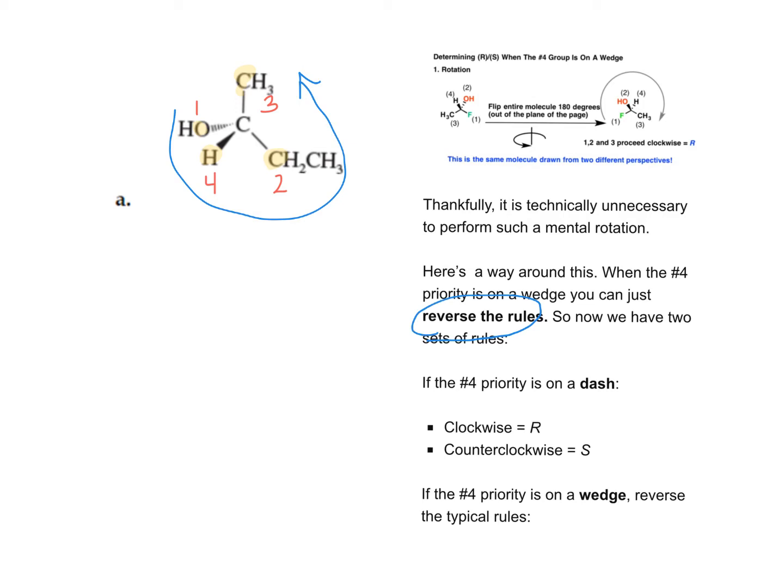So the way it's drawn is an S, but we're going to call this an R, because you just flip the wedge and the dash, and you just flip the letter of what you say it should be. So this one looks like an S, but because we need to flip the dash and the wedge, it is actually an R. It gets a little more complicated if your lowest priority group is on one of these lines.